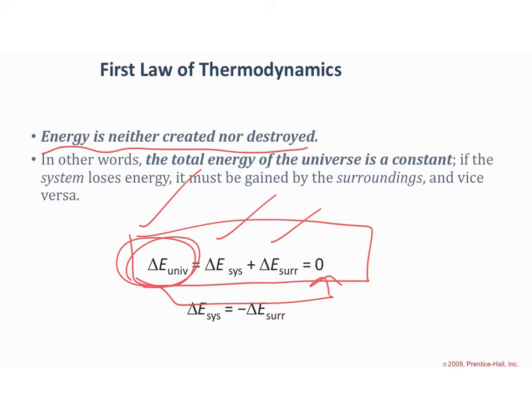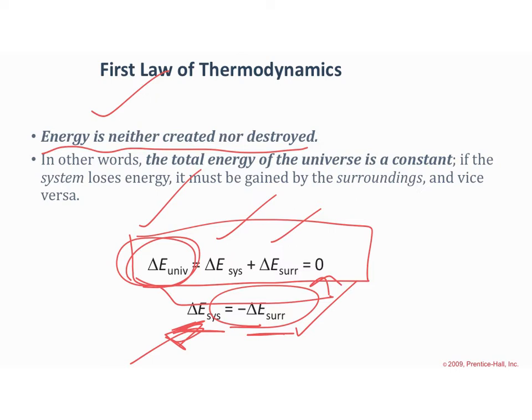The relationship between the change in energy of the system and change in energy of the surroundings: since the total energy in the universe is a constant, if a system loses energy, the surroundings have to gain the same absolute quantity of energy.